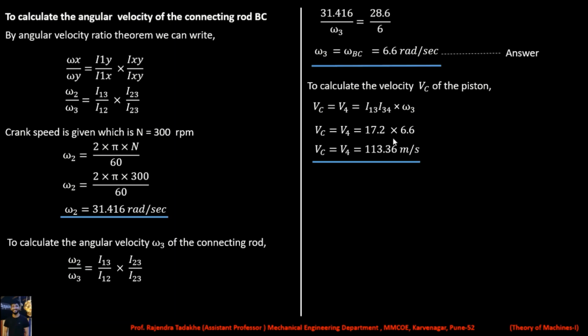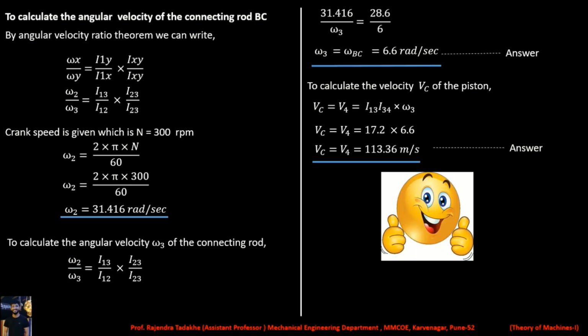So 17.2 into 6.6, which gives the velocity of piston as 113.36 meter per second. So here is the complete solution of the problem.